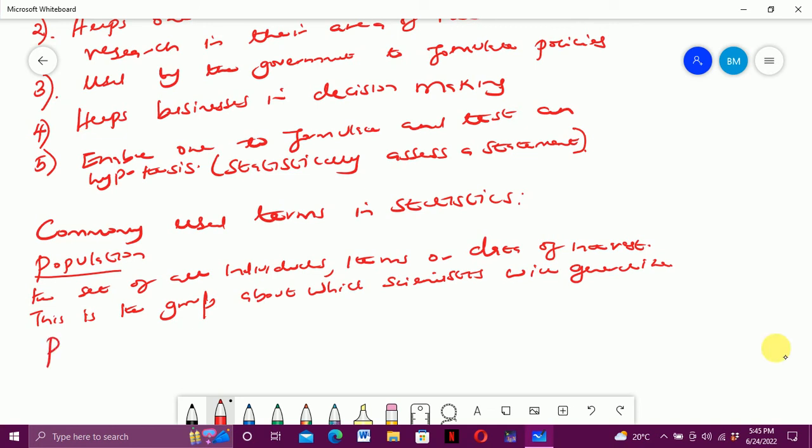Now we define another term, and this term is a parameter. What is a parameter?